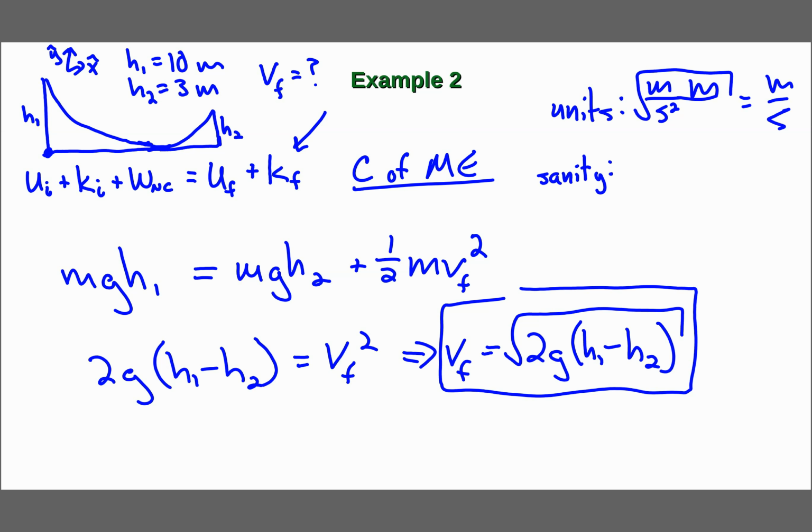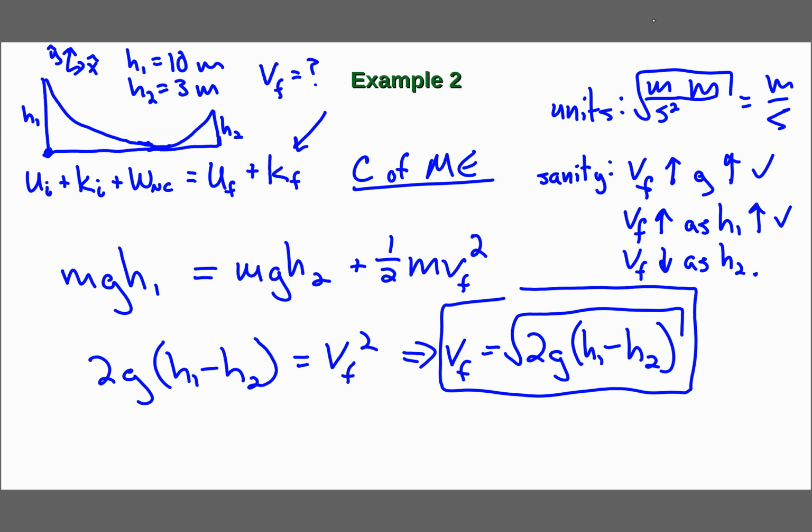Sanity. We can see that Vf is bigger if g is bigger, right? And we can see that Vf is bigger as h1 is bigger. Those both make sense. And also that Vf is smaller as h2 is bigger, right? So if I had a bigger acceleration from gravity, I would have a higher speed at the end. That makes sense.